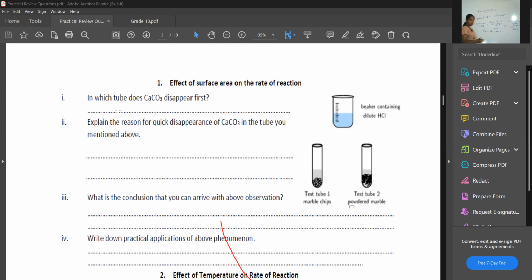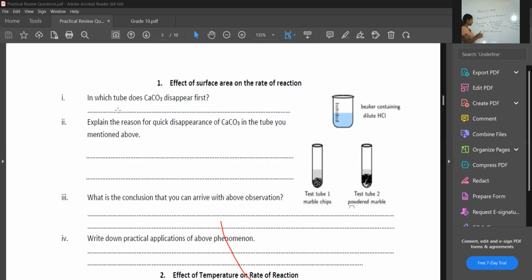These are the reactants, right? So here we do it like this: one is we keep the time constant and we measure the amount of reactants used. We can take zinc in milligrams and HCl in milliliters. Then the time is constant and we measure these two. Then we can calculate the reaction rate.